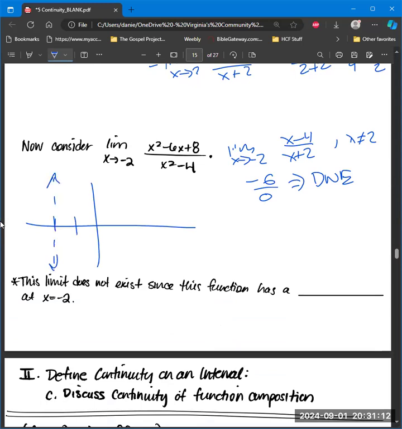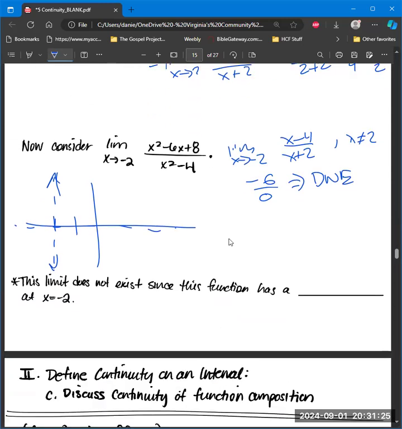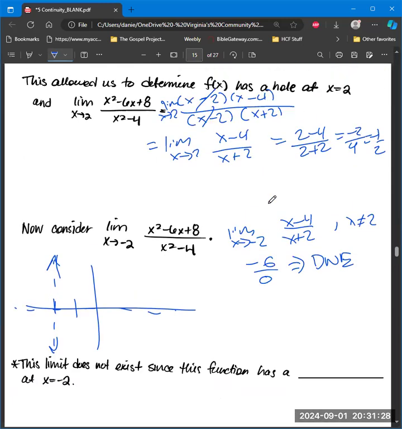There's a vertical asymptote there, and we have a piece that is coming this way, actually comes down to negative 1/2 at x equals 2. At x equals 0, we have a negative 2. So we have negative 2, and it comes back up this way. It crosses at 4.